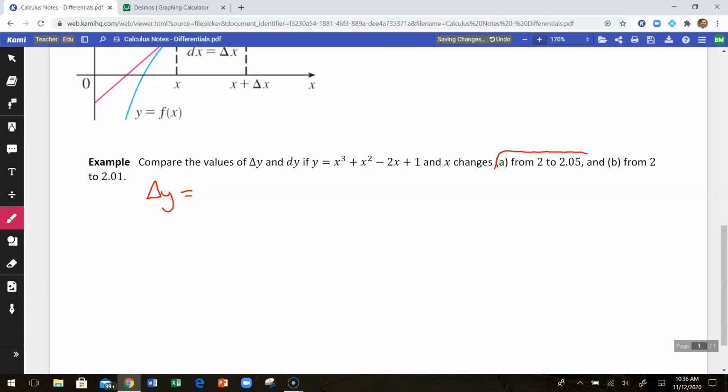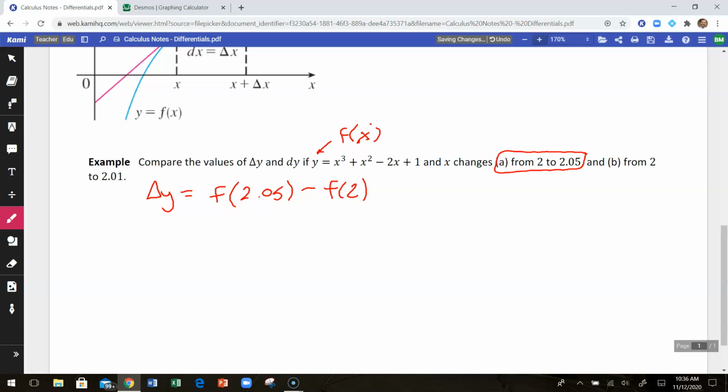So if I'm looking at this one, I'm going from an x value of 2 to 2.05. Delta y is simply going to be, and I'm going to call this function f of x, f of 2.05, the y value at 2.05, minus the y value at 2. That actually gives me my change in y.